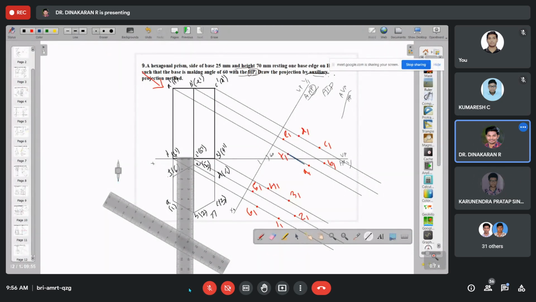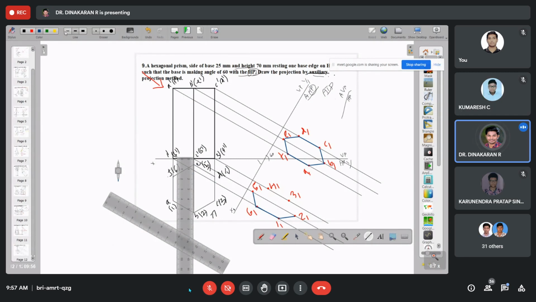The bottom face is half visible, that is 1 to 6 and 1 to 6 to 5.